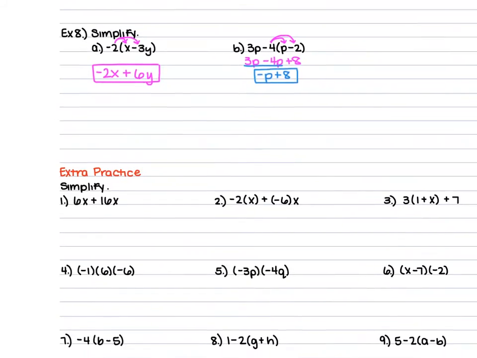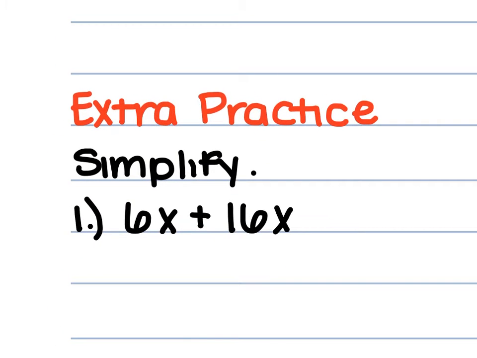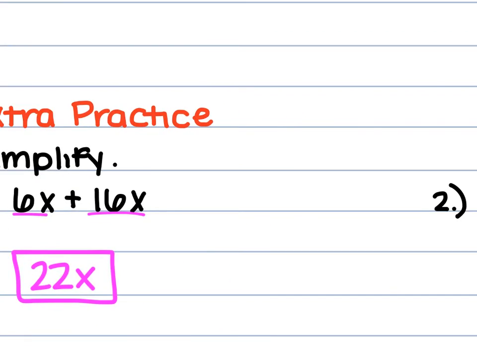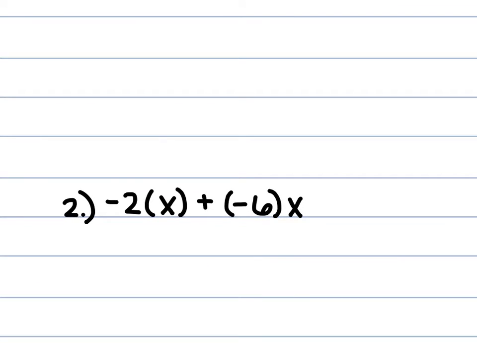If we look at some extra practice problems, for 1, we have 6x plus 16x. They're like terms, so we're going to combine those like terms. 6x plus 16x gives us 22x. For 2, we have negative 2 times x plus negative 6 times x.